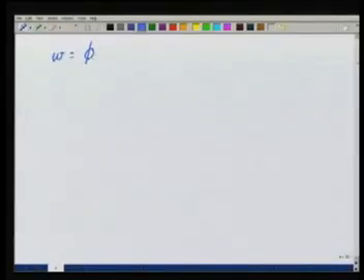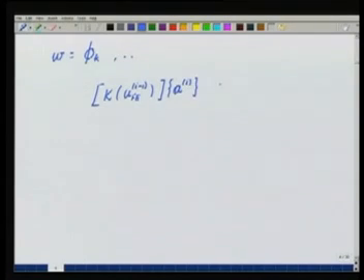I come back here and say that by putting W equal to phi_k and so on, we get the form K, which depends on U_FE at step i minus 1, times A at step i, equal to F_i.